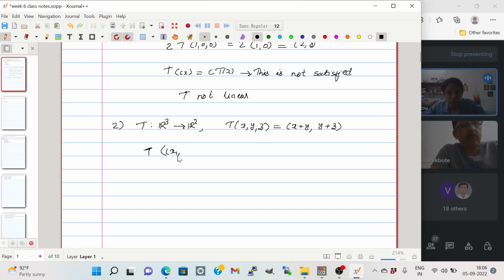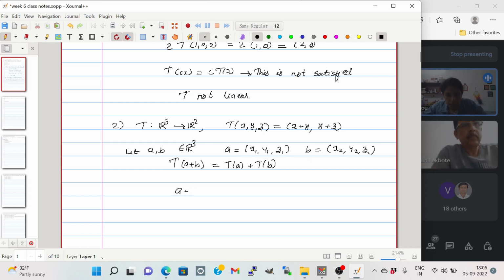So I am taking two elements. Let A, B be in R3, that is, these two are vectors in R3. What I want to prove is T of A plus B equals T of A plus T of B. Since A, B are in R3, suppose A equals x1, y1, z1 and B equals x2, y2, z2.